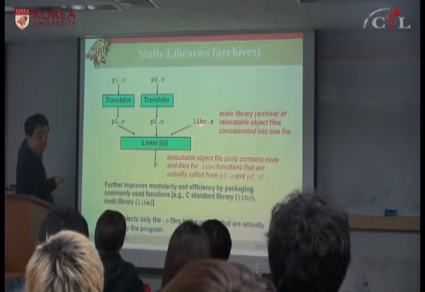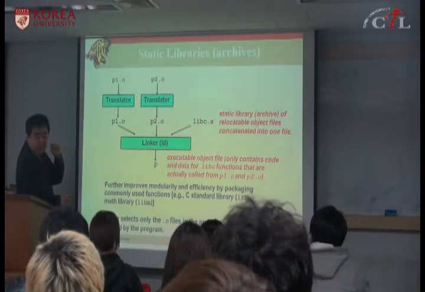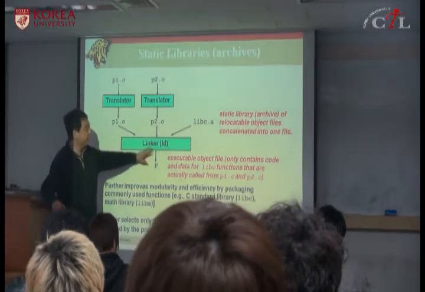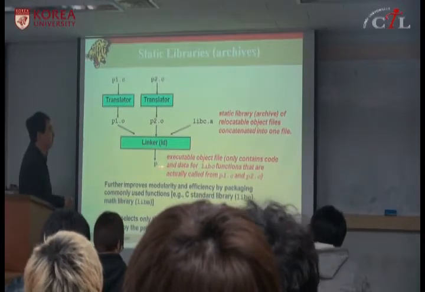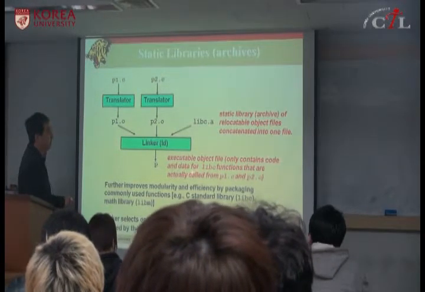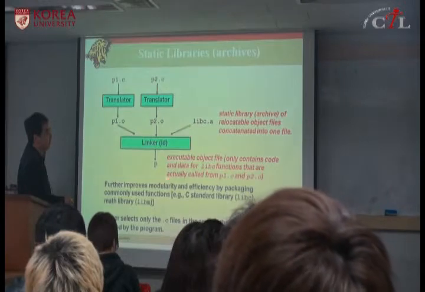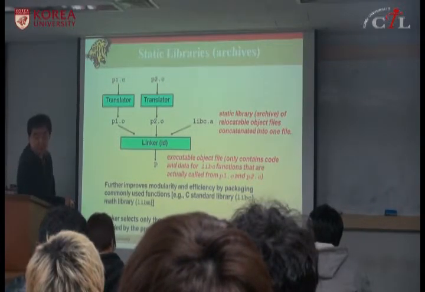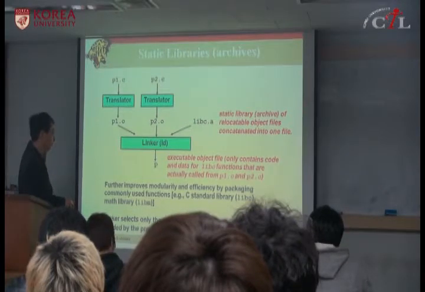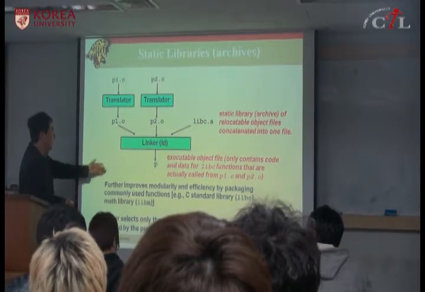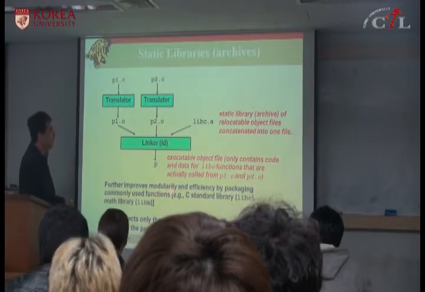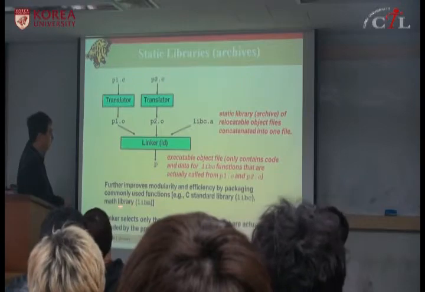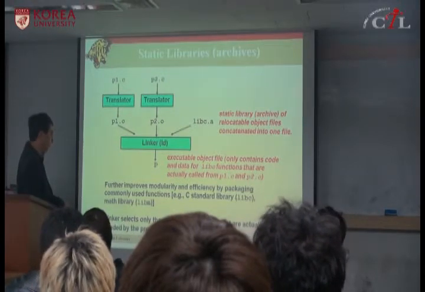This is a set of object files, but you actually extract only a subset that are actually referenced and linked together by the linker, and you generate an executable object file, which contains only code and data for the library functions that are actually referenced by your program. Okay? So this library can improve modularity and efficiency by packaging commonly used functions in the library. Okay?